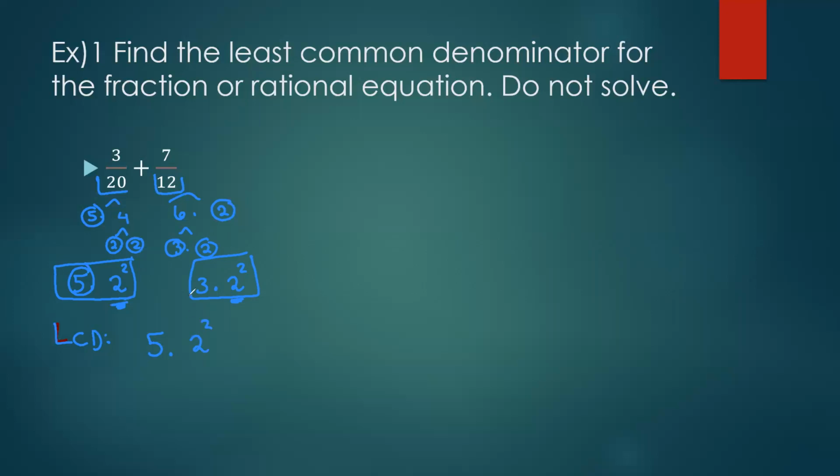And then let's look at our last base, 3. Do you see anywhere else with the base of 3 on the bottom? No, I don't. So just bring that down. Put it all together: 2 squared is 4, times 3 times 5, that is 60.